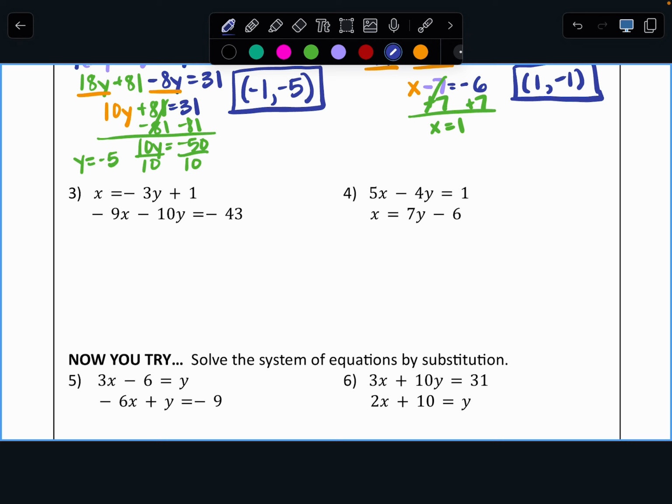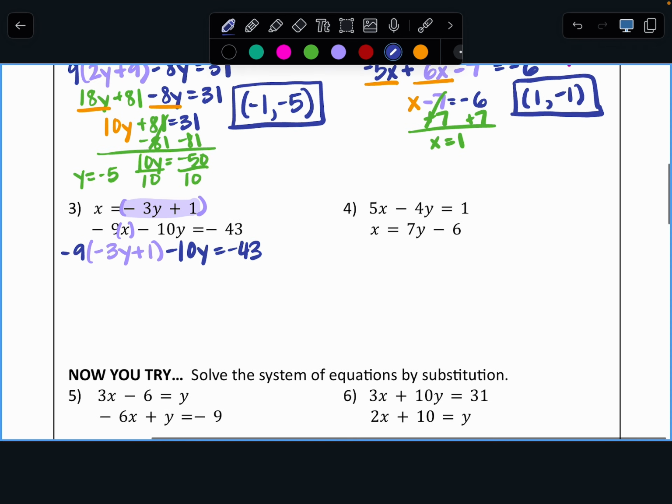Okay, number 3. The expression that has one of the variables isolated is the first one, x equals negative 3y plus 1. So I'm going to use negative 3y plus 1, put it in parentheses, and substitute it for x in the second equation. Negative 9 times (negative 3y plus 1) minus 10y equals negative 43.